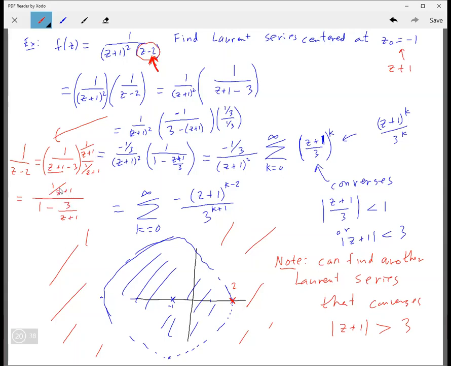Then this piece would go out and join his buddies over here. You have 1 over z plus 1 to the third power. And then you would have 1 over 1 minus 3 over z plus 1, like that. And then this part can go into a geometric series.